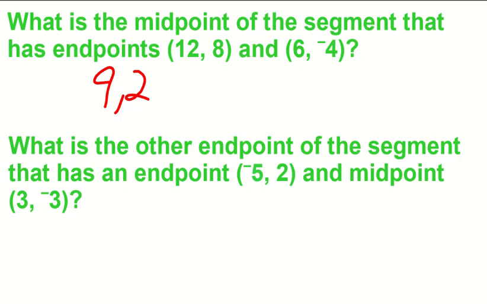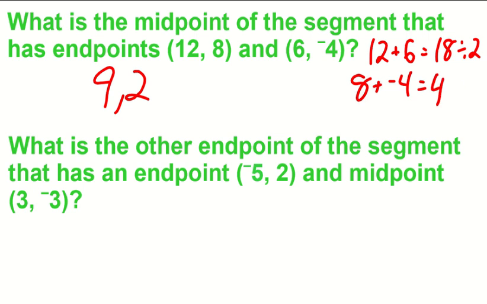So basically you add them up, you divide by 2. So we got 12 plus 6, that's 18, divided by 2, that gives us the 9. That's the x values. 8 plus negative 4, that's positive 4, divided by 2, that gave us the positive 2. So that's the y value.